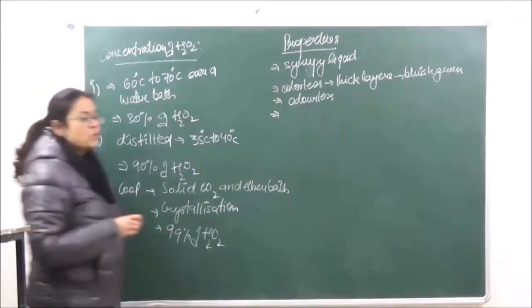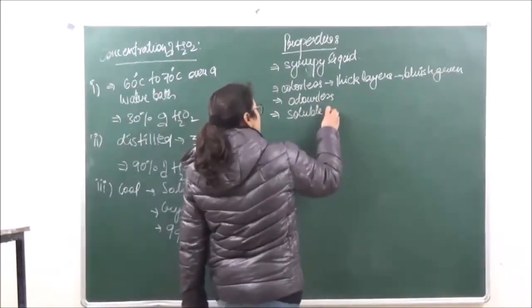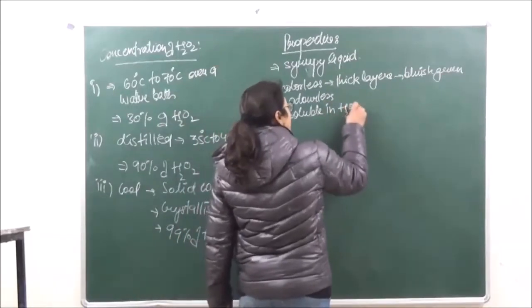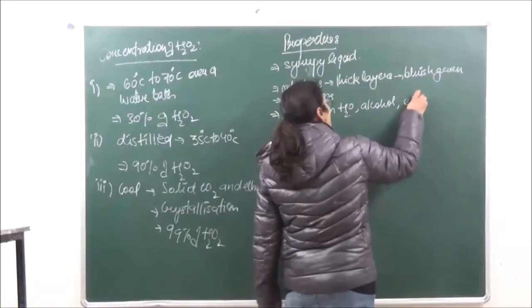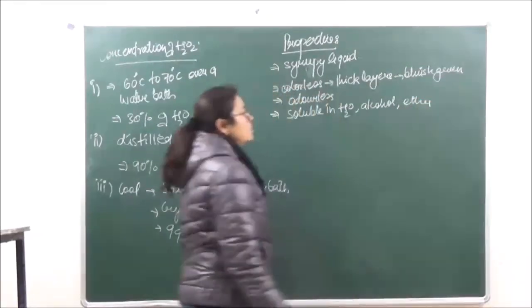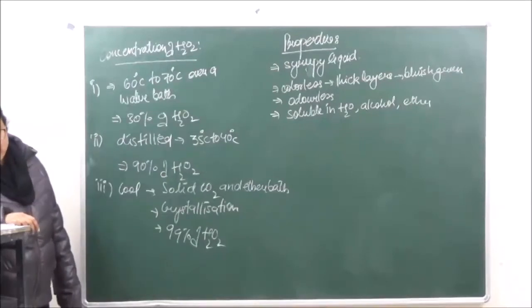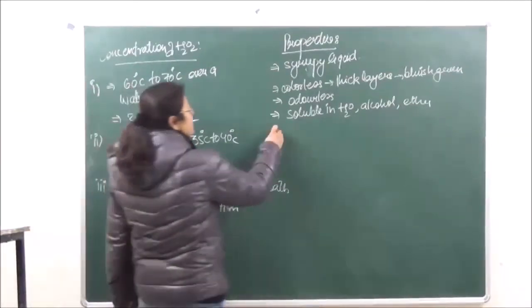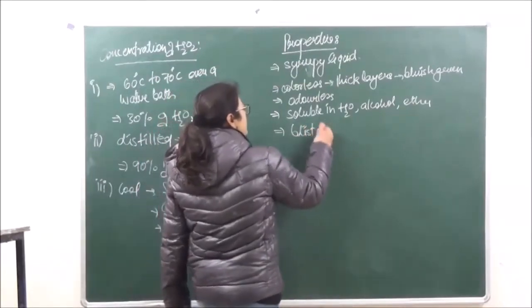It is going to be soluble in water, alcohol, and also ether. So it is going to be soluble in water, alcohol and ether, all three. It forms blisters once it is exposed to skin.